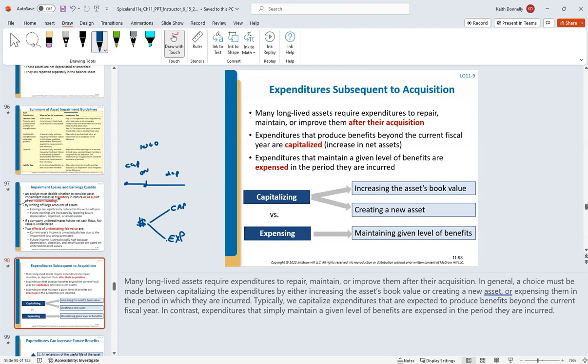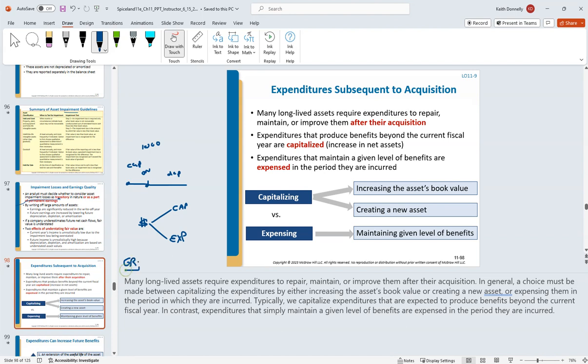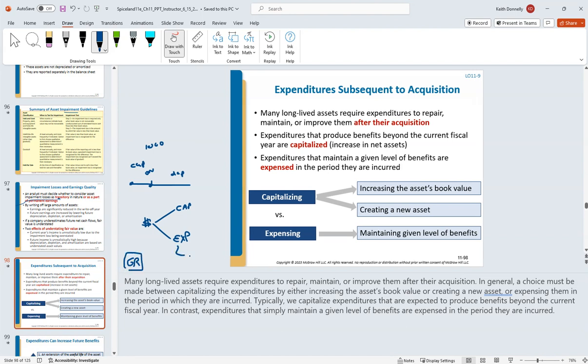As a general rule, if it's routine maintenance, you're going to expense it. If it is like a very large, material, or one-time thing, you're going to capitalize it and then depreciate it. There's a couple different variations on the spin you could put for that.